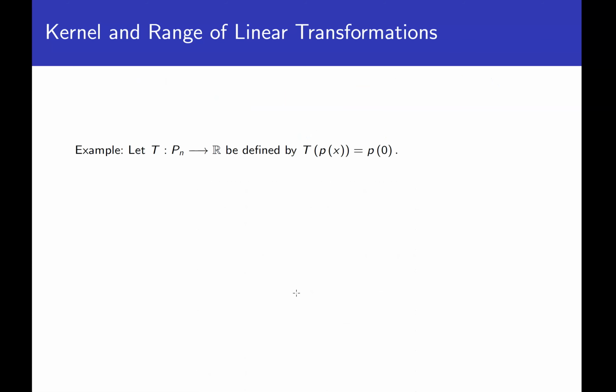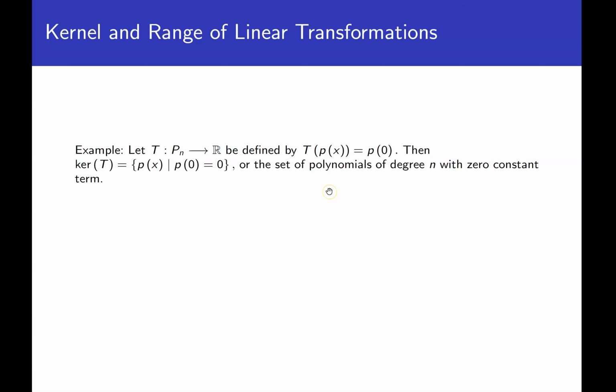All right, let's do another example. Let's say we have the transformation from polynomials of degree n or less, going again to the reals, where the transformation is T of p of x is equal to p of 0. Okay, so this is sometimes referred to as an evaluation transformation. We're just going to plug in 0 for the x.